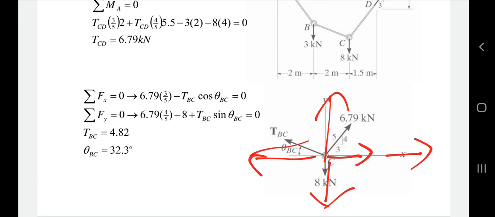And the theta, if you want to find out the theta, the theta is usually taken from the vector to the nearest x-axis. If the vector is here, it will be taken this as theta for this member.